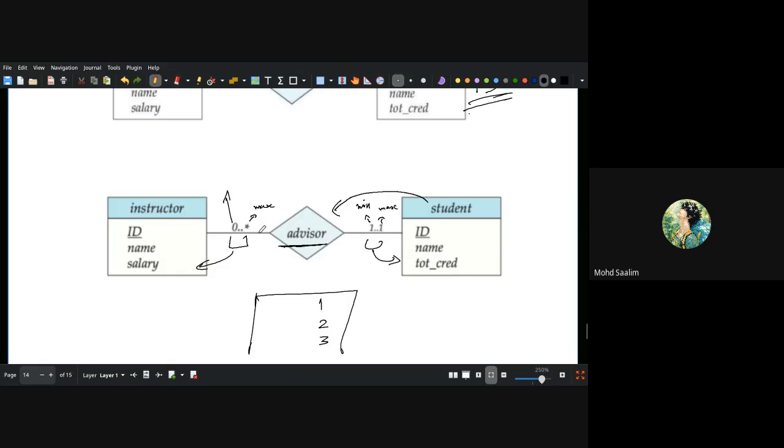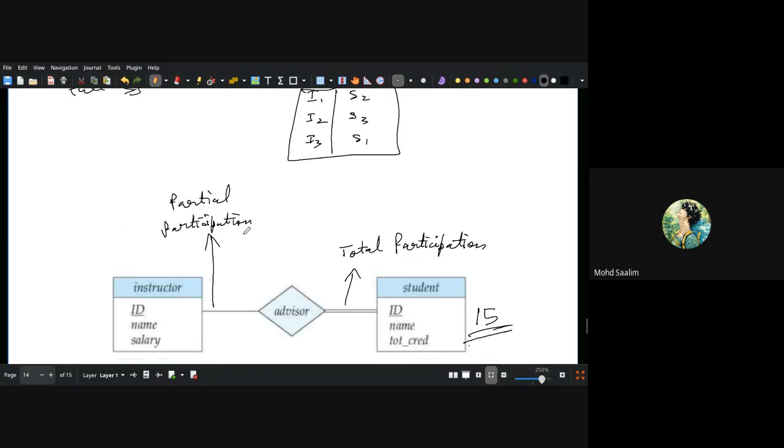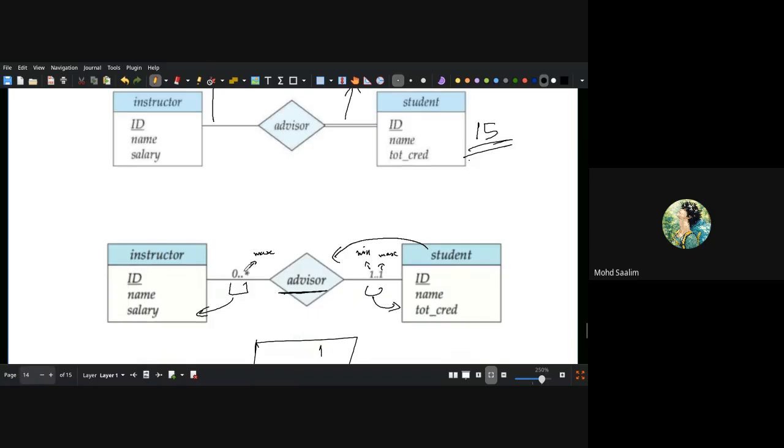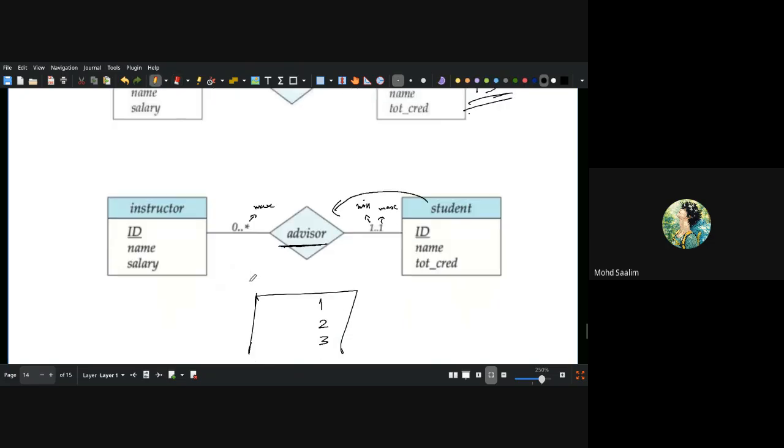Let's understand this maximum. Till now, we understood that this minimum is essentially just distinguishing between partial and total. In simple words, this 0 means simply partial participation, and this 1 means simply full participation. What does this star mean? Star means as many as possible. So this star is just telling me many, as much as you want.